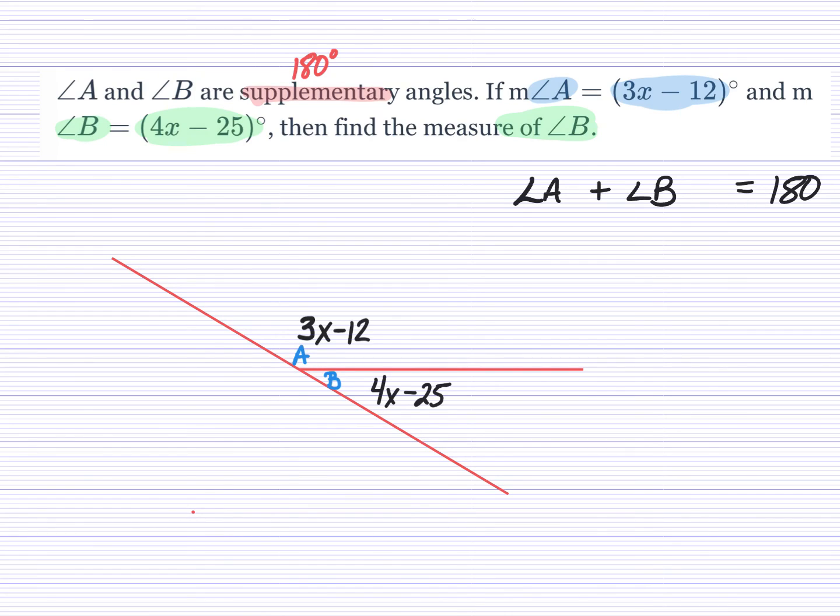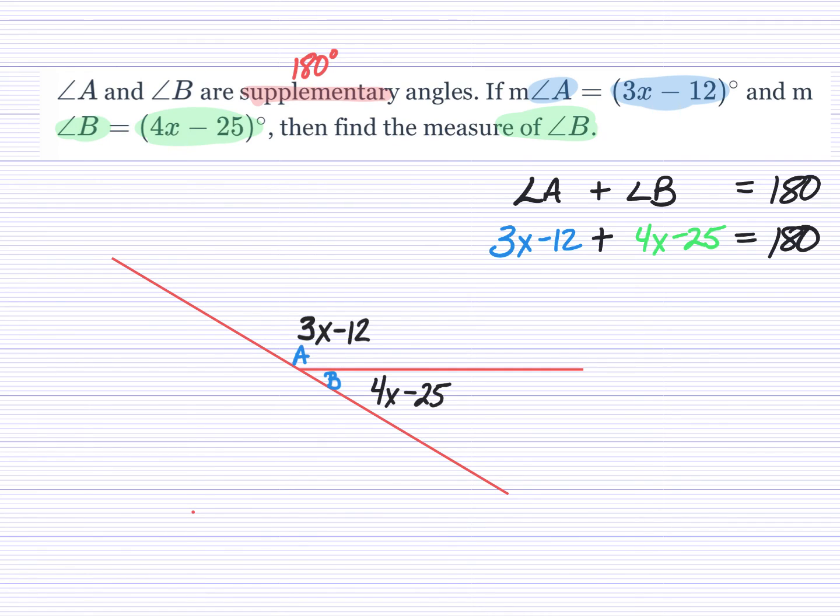Angle A is 3x minus 12. Angle B is 4x minus 25. These combine to equal 180.